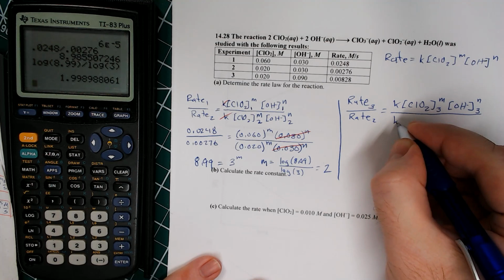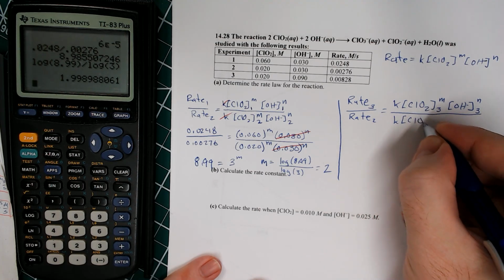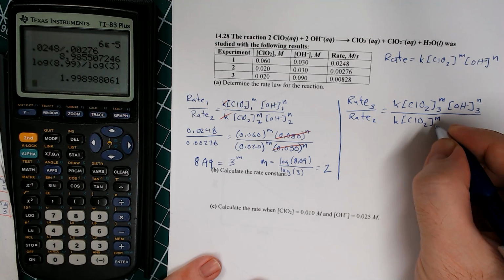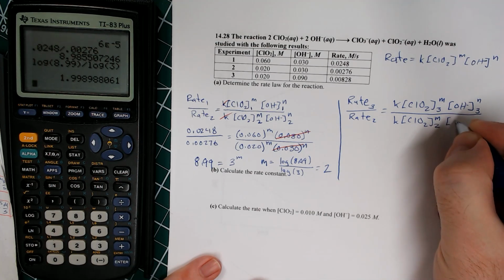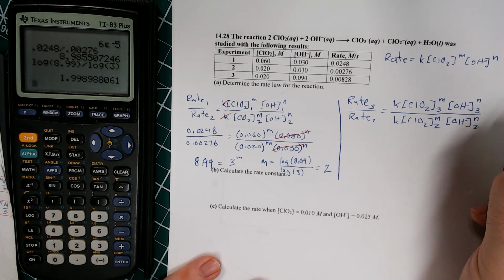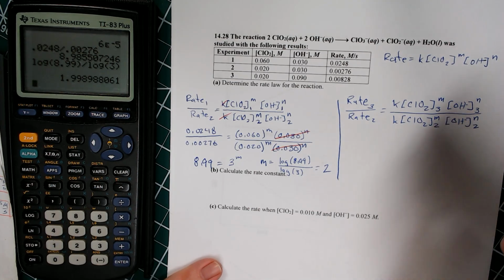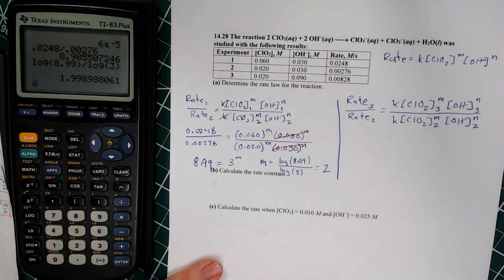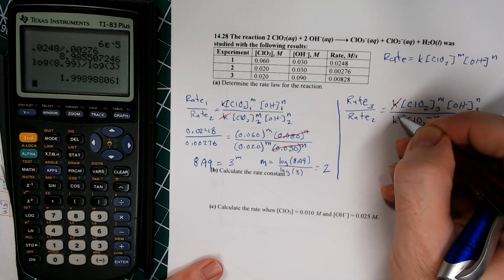And then K times concentration of chlorine dioxide to the m power for experiment 2 times concentration of hydroxide to the n power for experiment 2. Okay, so now what we want to do is just put the numbers in. I'm going to go ahead and cancel out the rate constant K.